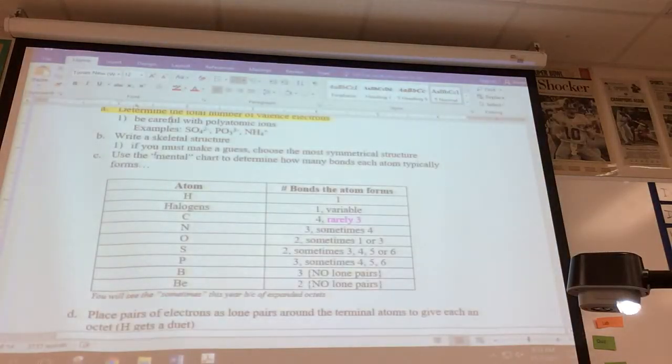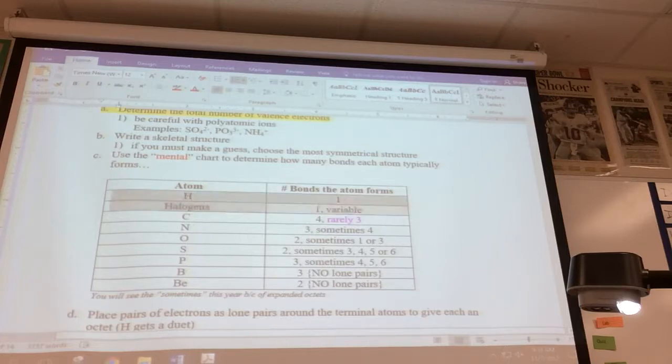The next step says use this chart to determine how many bonds each atom typically forms. Remember, for period 2, it's typically 8 minus the number of valence electrons to figure out the number of bonds.